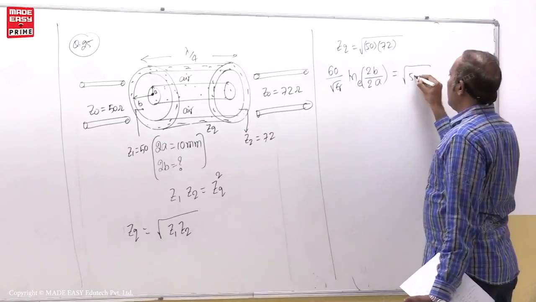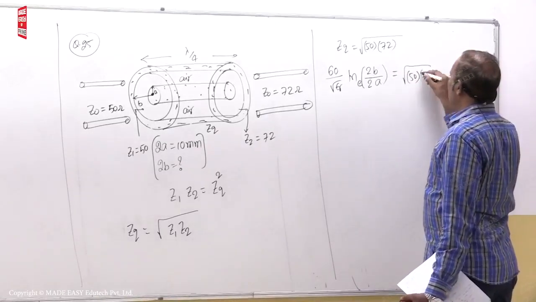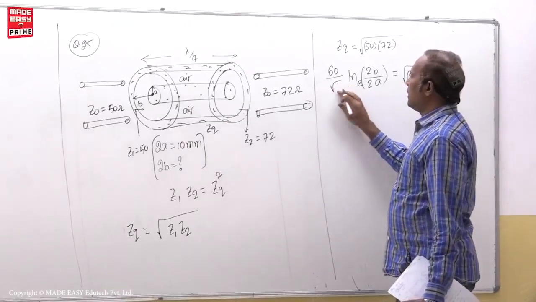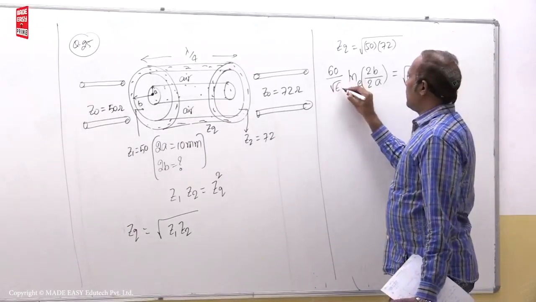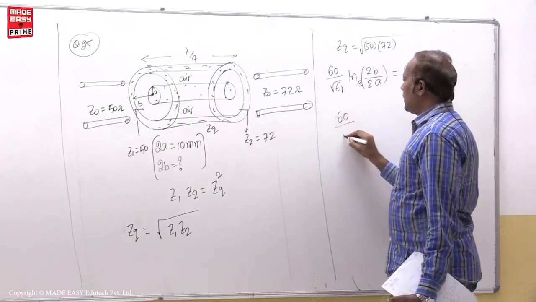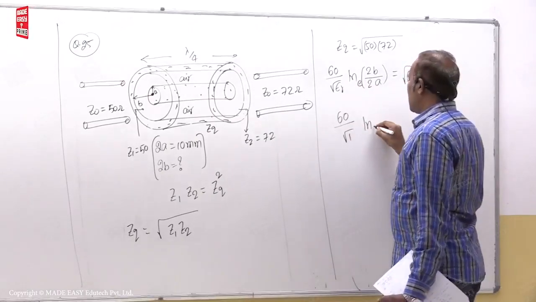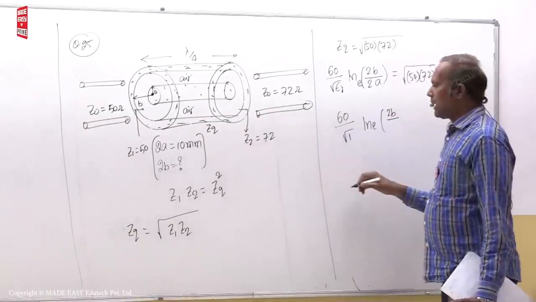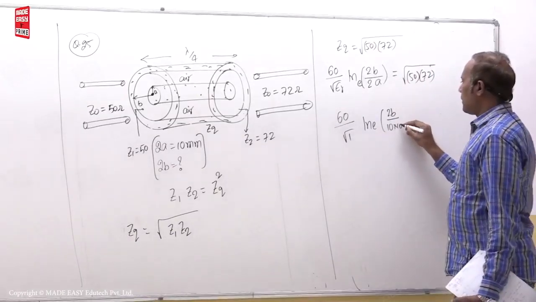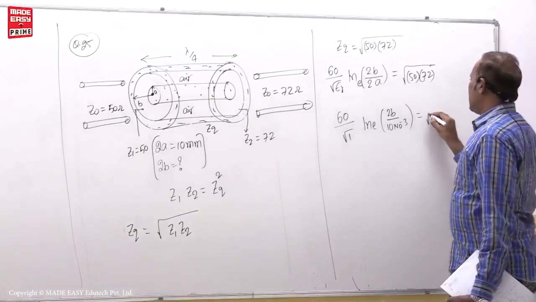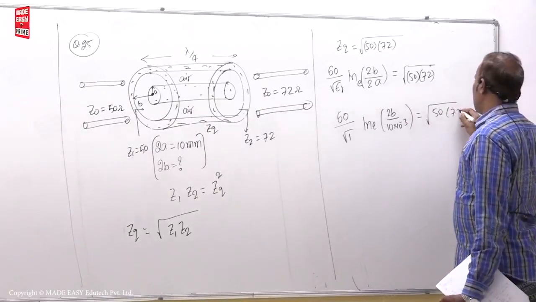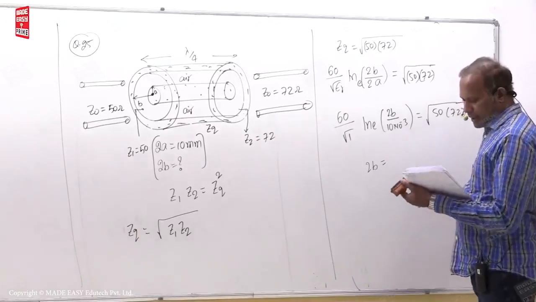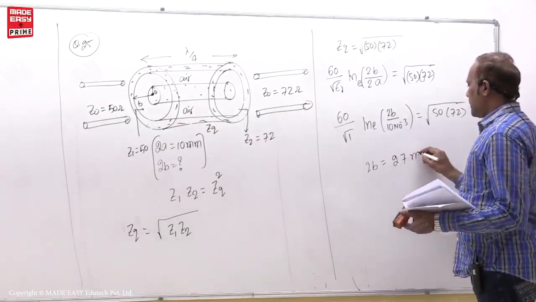So this is root of 50 into 72, and it is air filled, so root epsilon r, you write 60 by root 1, one more step we will write 2b, we need 2a is given as 10 mm, so 10 into 10 to the power minus 3, that is root of 50 into 72. You complete this mathematics, you get 27 mm as the answer.